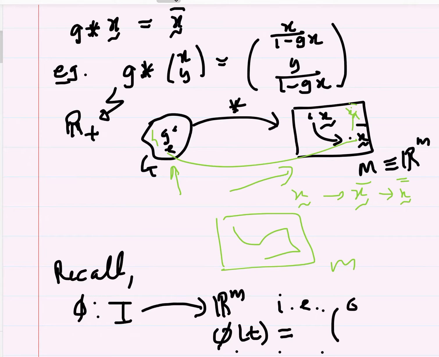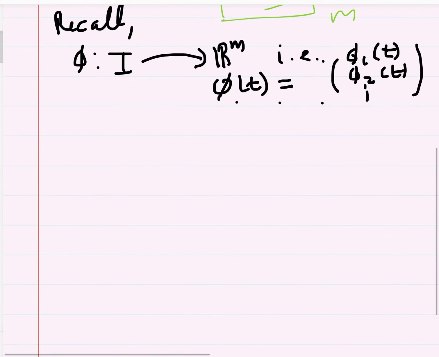So this will be phi 1 of t, phi 2 of t, and this will have m coordinates because this is a point in m dimensions, so here you would have phi m of t.